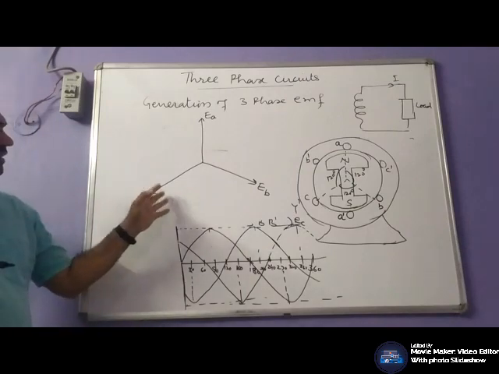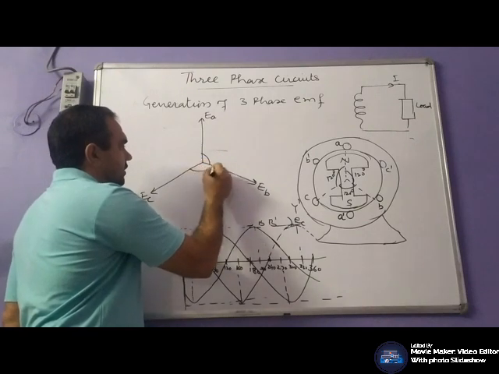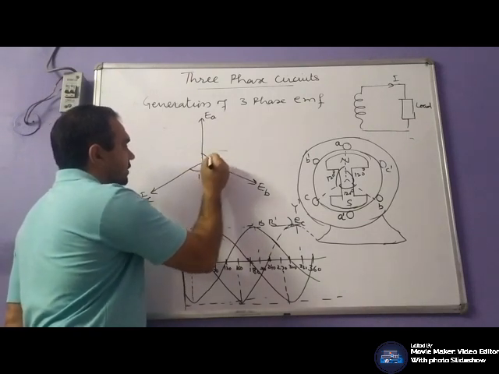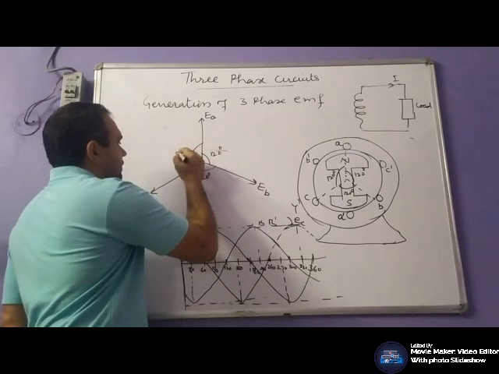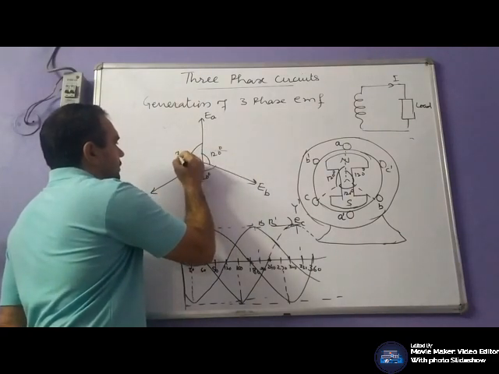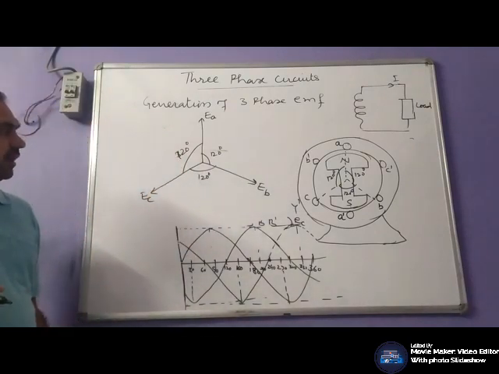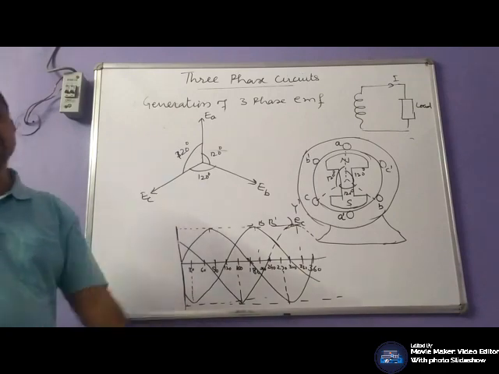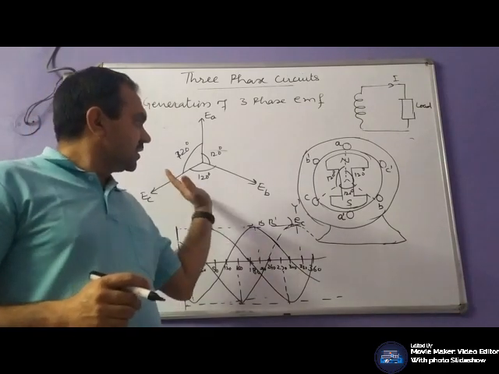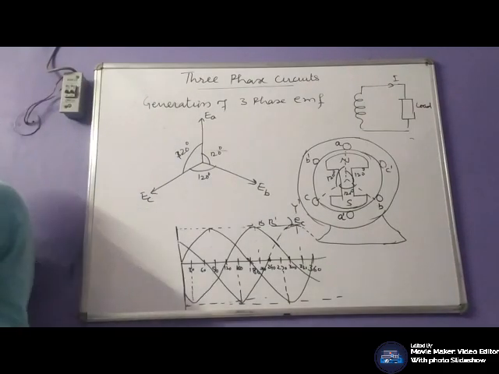All these phases are displaced by an angle of 120 degrees. So this is the phasor diagram for the three-phase system or three-phase EMF. Correspondingly, if a load is connected, their phase currents would also be displaced by an angle of 120 degrees.